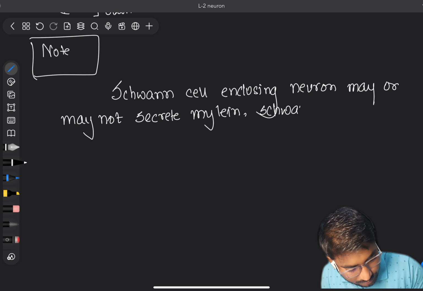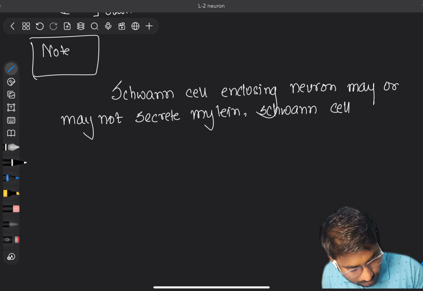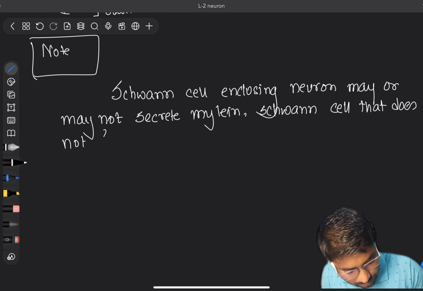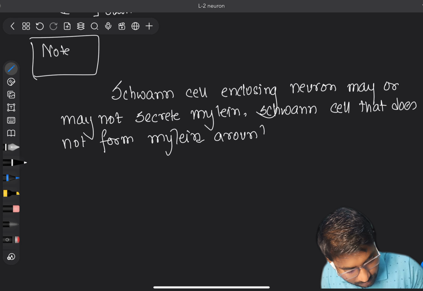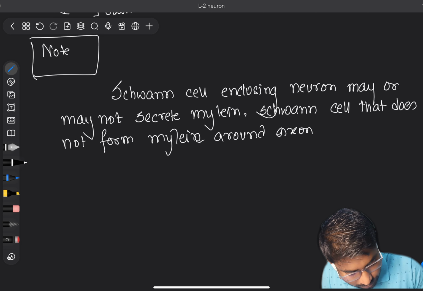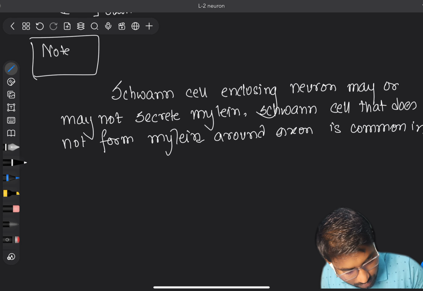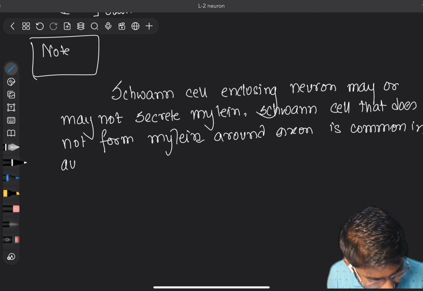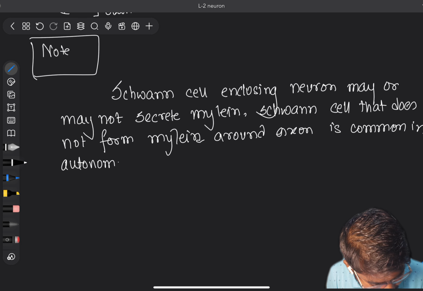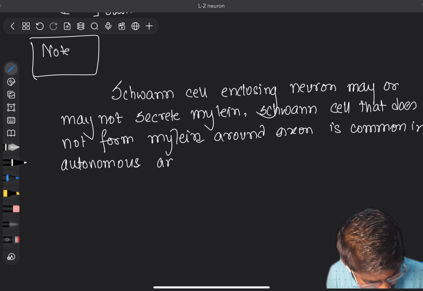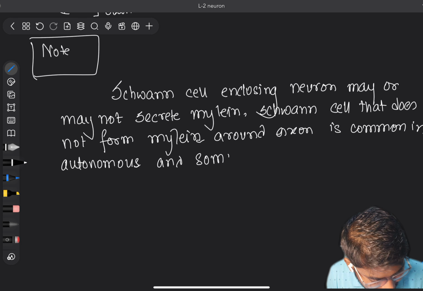Schwann cell that does not form myelin around axon is common in autonomous and somatic neural system.